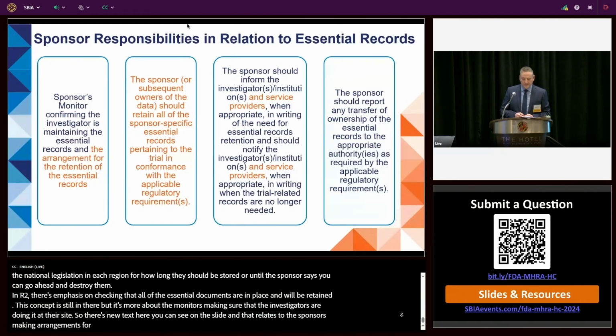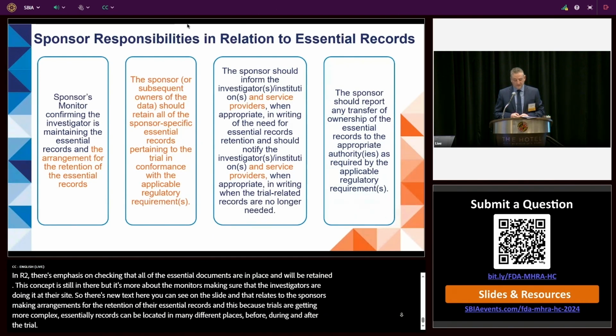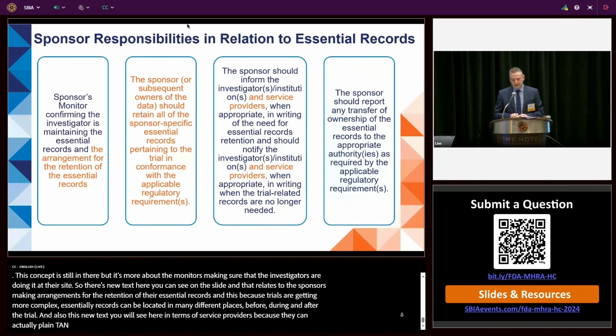And this is because trials are getting more complex. Essential records can be located in many different places before, during, and after the trial. And also there's new text added, you'll see here, in terms of service providers, because they actually can maintain or retain, in some cases, some of the sponsor's essential records.